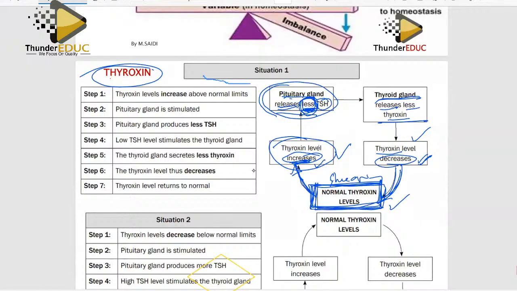It means that the thyroid gland is going to be stimulated less, so the amount of thyroxine produced is going to be less. Then the thyroxine level will decrease and go back to normal.